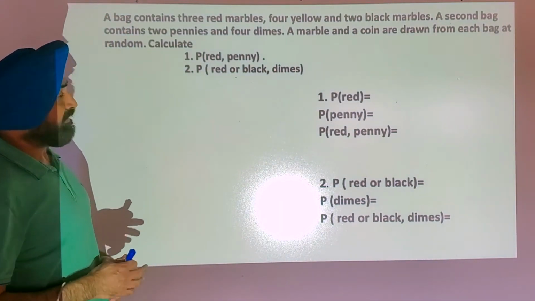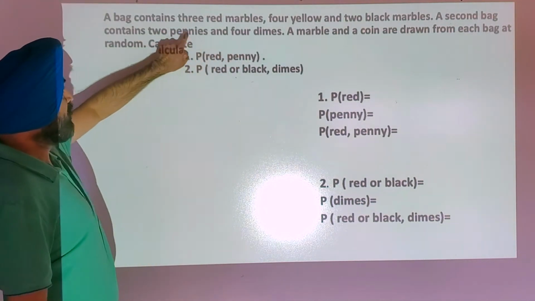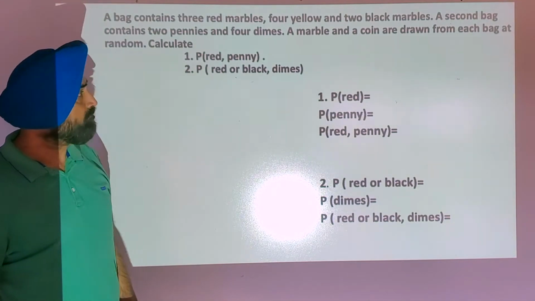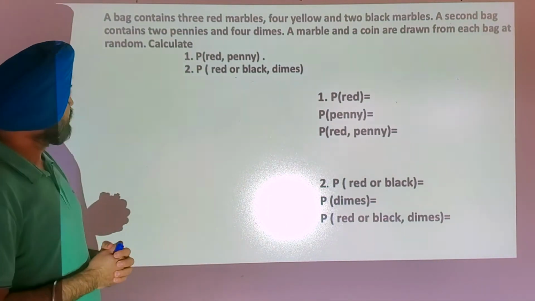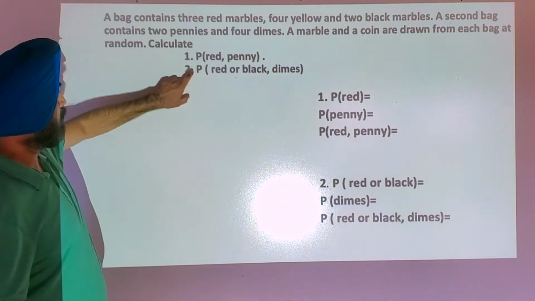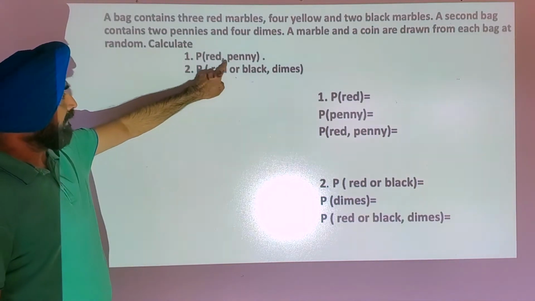And then there is a second bag which has 2 pennies and 4 dimes. Total 6 coins in the second bag. A marble and a coin are drawn from each bag at random. We have to calculate the probability that red comes and penny comes.